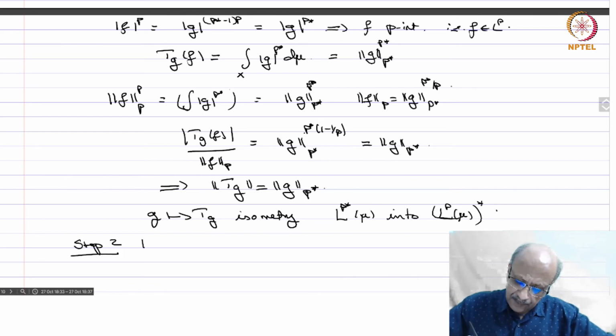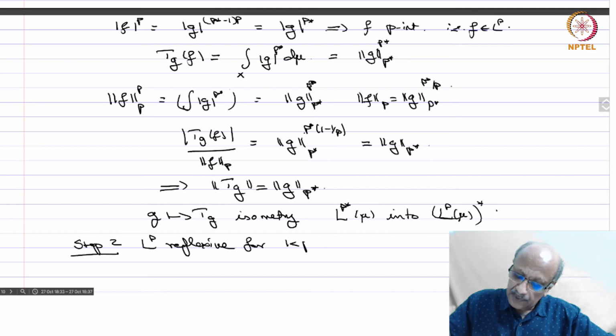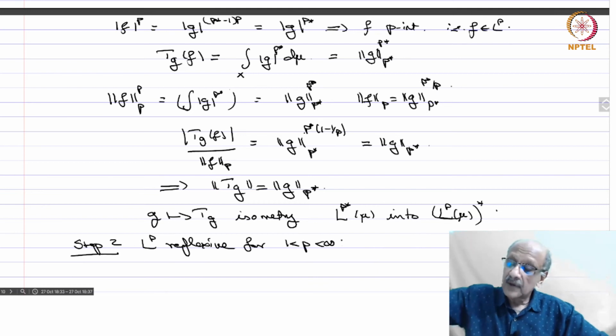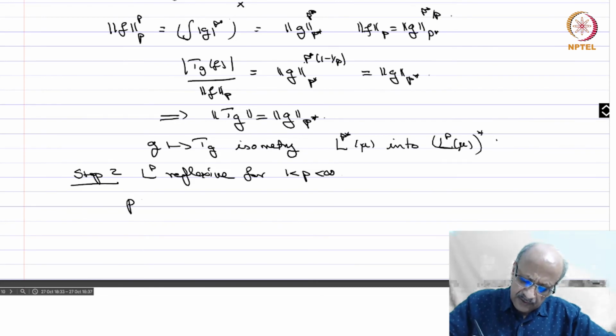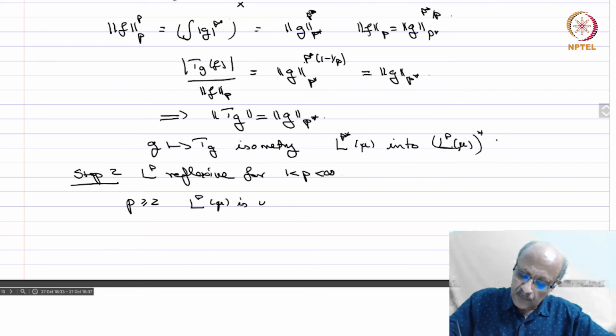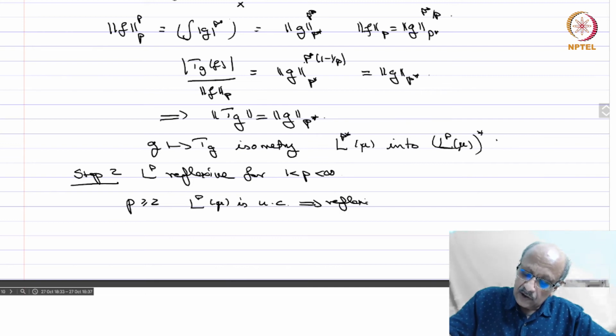Lp is reflexive for 1 < p < infinity. If p is greater than or equal to 2, then Lp(mu) is uniformly convex and therefore reflexive. This is already done in the corollary.